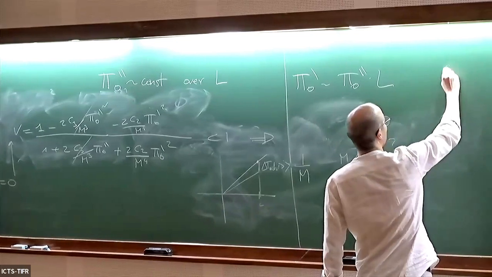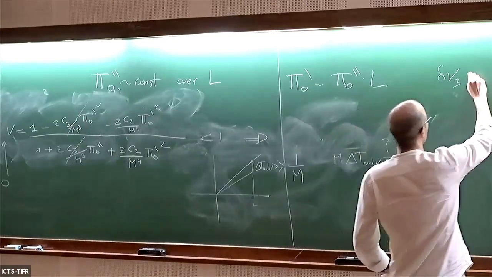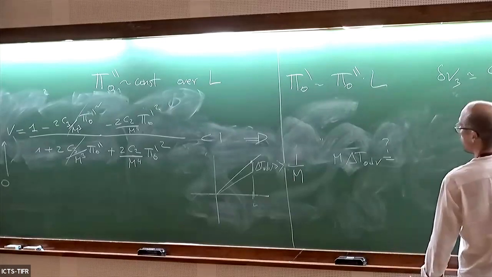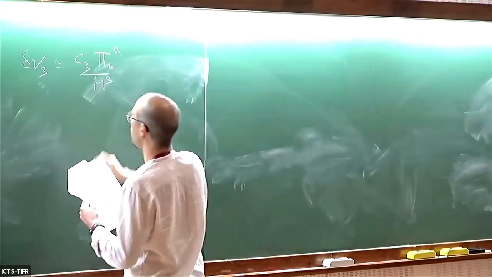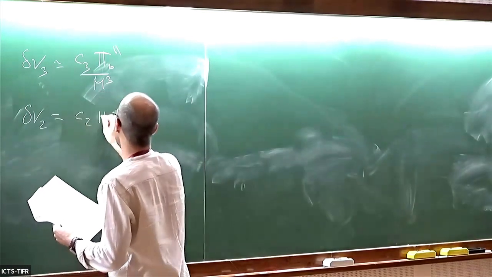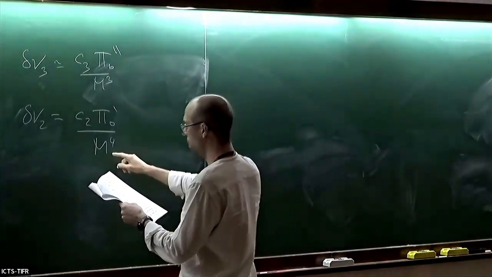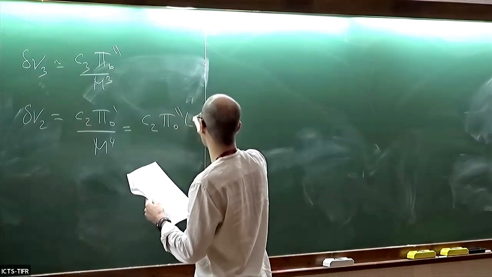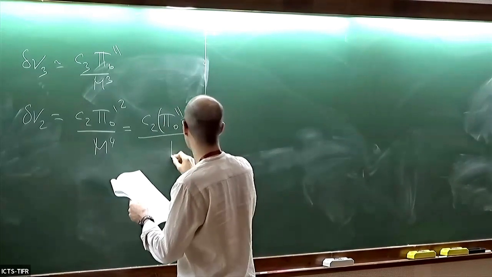So let's take delta V3, the one coming from C3, this part. We said it scales like C3 pi 0 second over m cube, dropping all factors of 1. And delta V2 instead is C2 pi 0 prime over m to the 4th, which scales like C2 pi 0 second times L squared over m to the 4th.